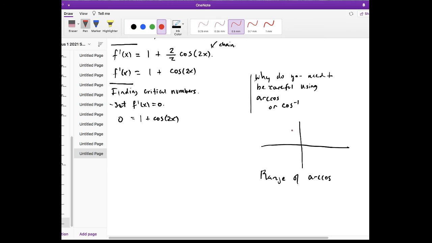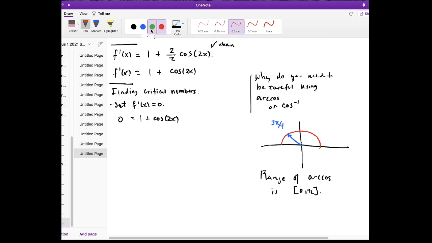Okay, maybe not. That's okay. It's hard to remember. So arc cosine will only give you values in 0 to pi. So if you have a value for cosine, let's say when you did arc cosine, you got this value. I don't know, let's say it's 3 pi over 4.